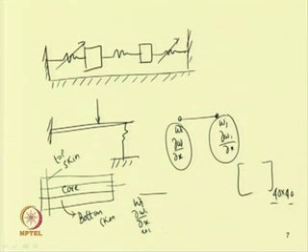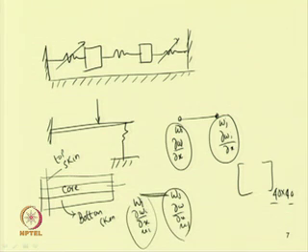Similarly, for the jth node one can take W_j, theta_j and U_j. So for an element one can have 6 degrees of freedom, and with a number of elements it is multiplied by this number, and one gets the elemental matrix or the assembled matrix of large size.